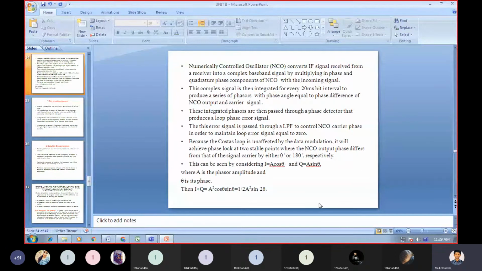In order to maintain the loop error signal equal to 0.